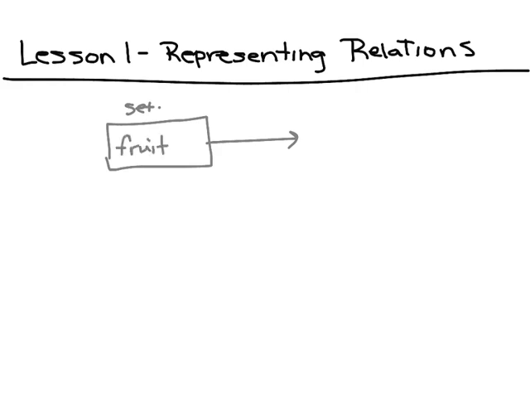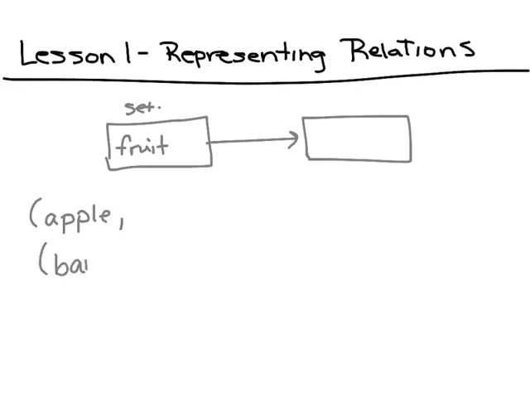All of the elements in this category will be a fruit, for instance, apples, or bananas, or cherries, or pears, any kind of fruit. So the set is kind of the category, and the category is fruit. The apple, banana, cherry, and pear are each their own elements.